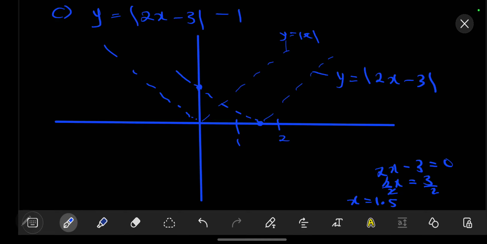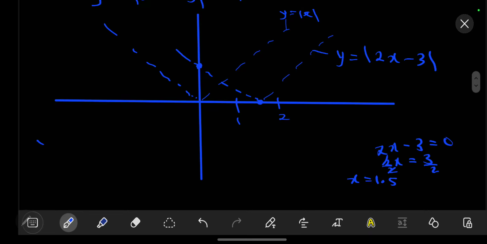So first, let's find what our intercept for y is at that point. So we say y equals the absolute of 2x minus 3. At the y-intercept, x is equal to 0.